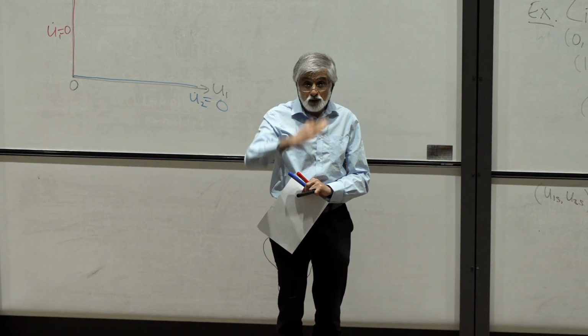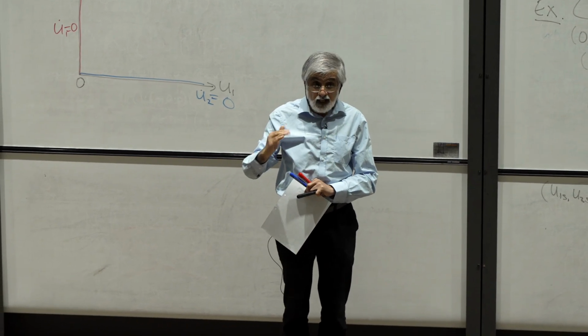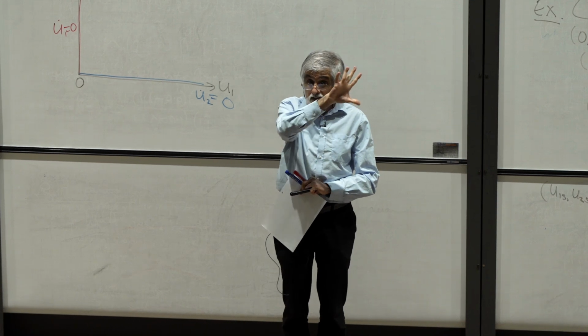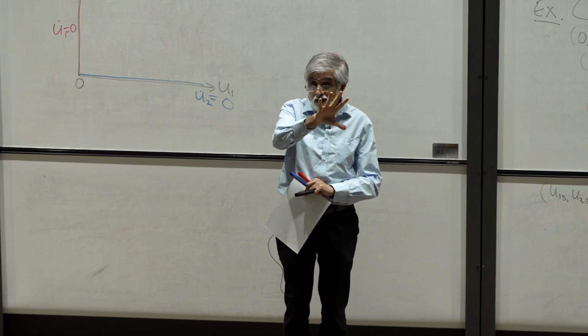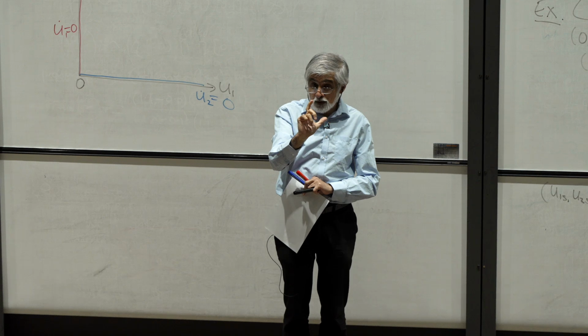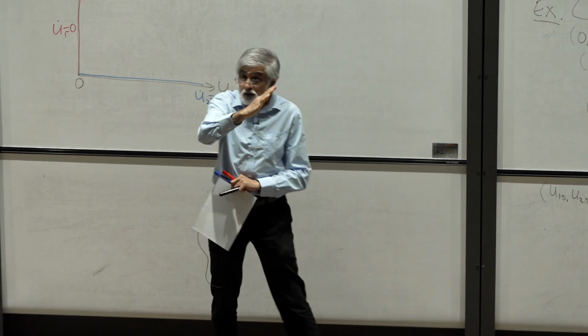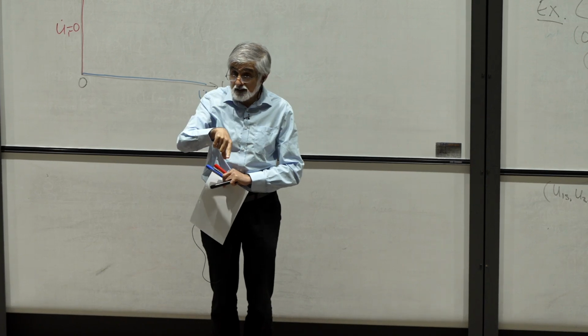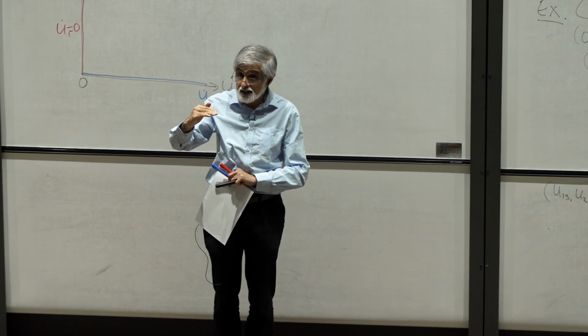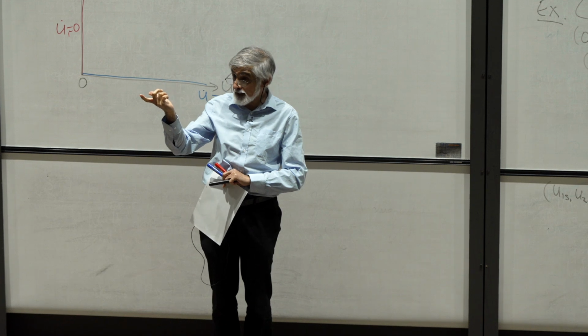One is below the other one, and they don't intersect in the quadrant. That's 2 cases, because one could be below, or they could switch around. On the other hand, they could intersect, and there's 2 ways they could intersect. And therefore that gives you 4 cases.